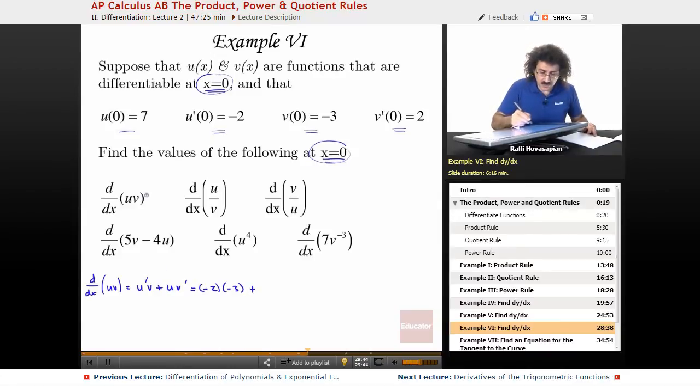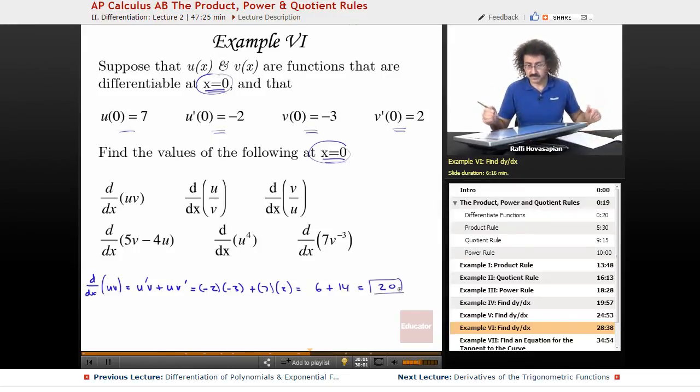Plus u at 0, which is 7, times v prime, which is 2. So this is 6 plus 14 equals 20. I don't even need to know what the functions are. I know what the values of the functions are and their derivatives. So the rest is just actually very, very simple. Good.